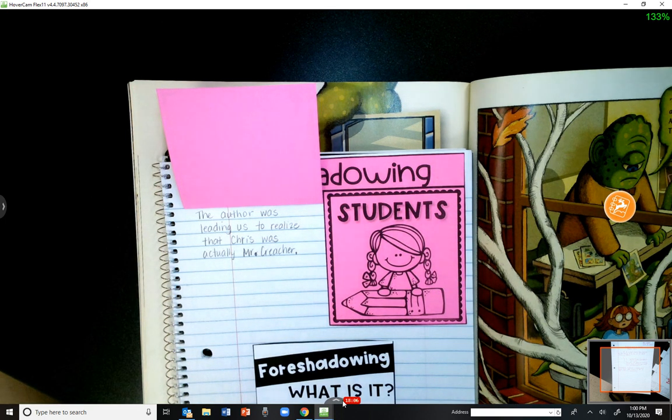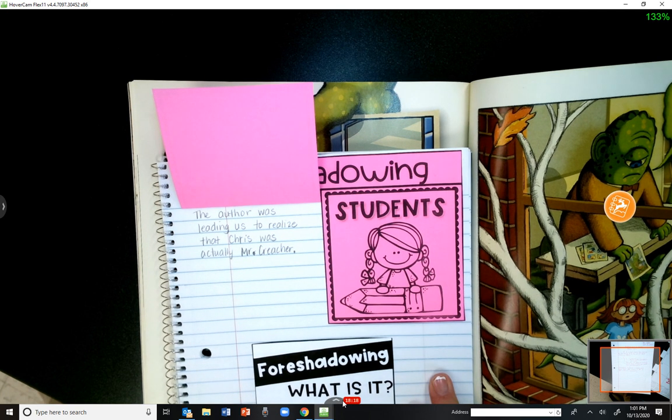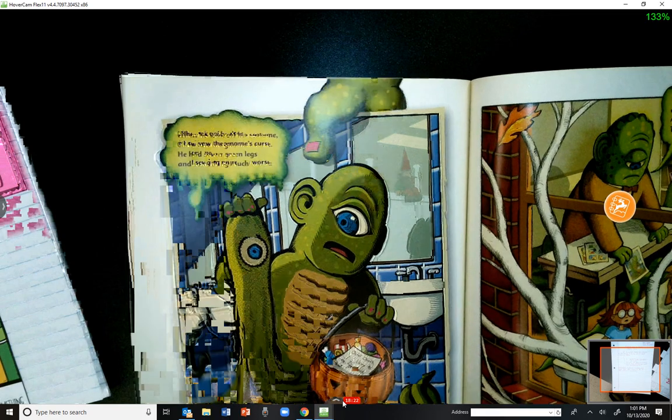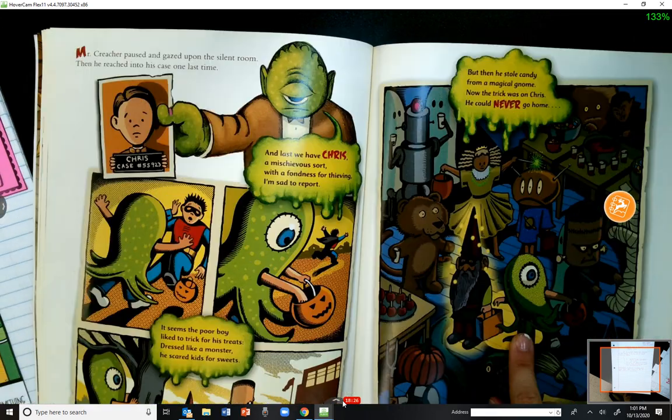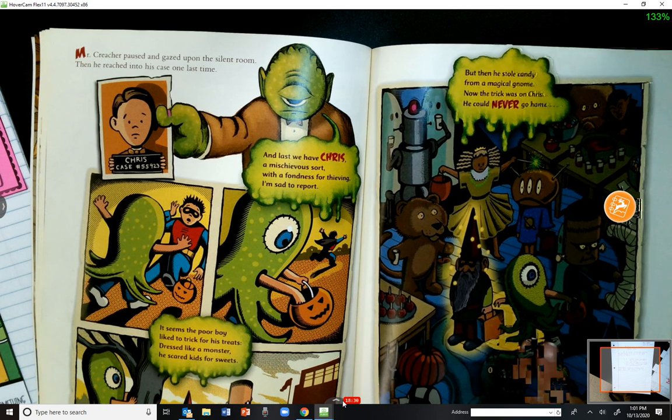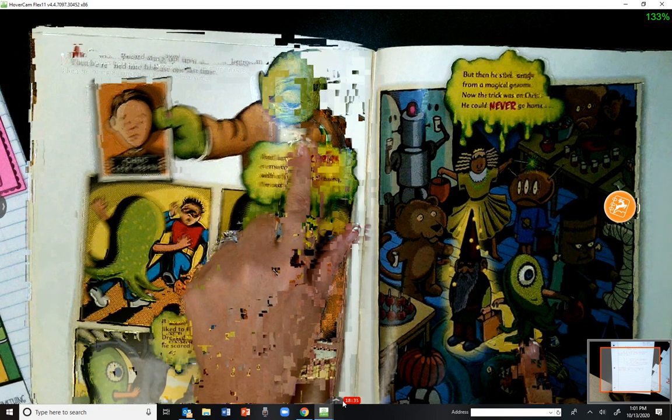And we started to see that maybe that boy he's talking about that was bad was actually Mr. Creature, because we noticed that the costume the boy was wearing in the picture right here, when he starts talking about Chris, that's kind of ironic, he's dressed as the same thing that Mr. Creature looks like.